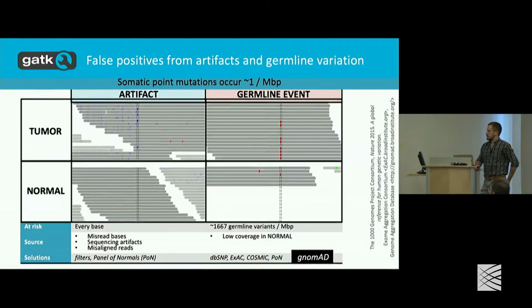And in fact, the number of artifacts that will come from sequencing, misread bases, misaligned reads, and things like that will be also an overwhelming majority of our signal. And we also need to be able to filter those out in order to not have most of our called variants be actually artifacts.